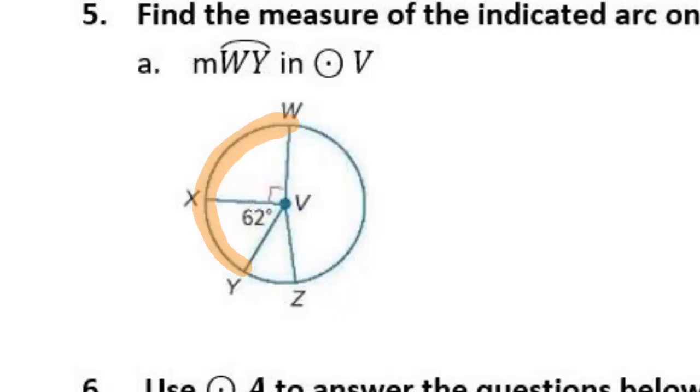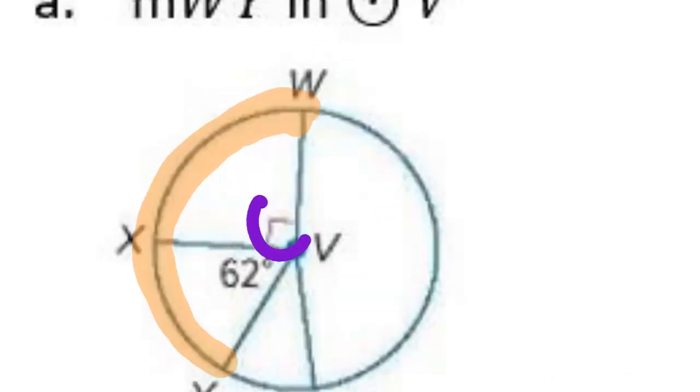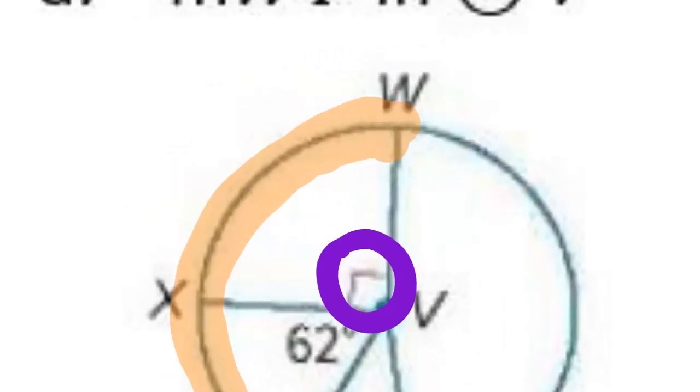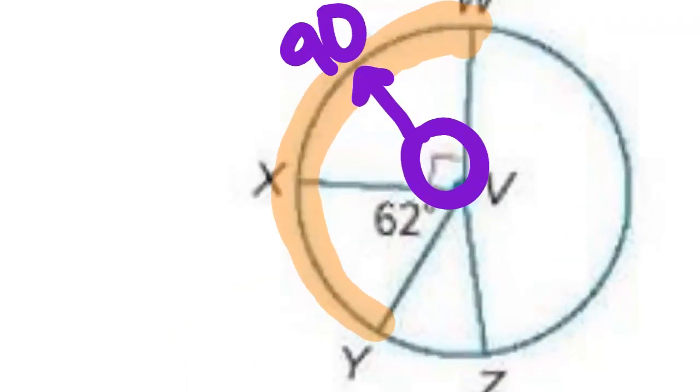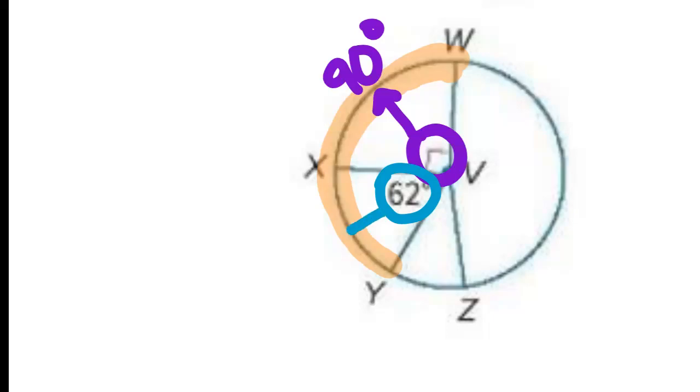Here's arc WY. How big is this angle? 90 degrees. So this arc right here would also be 90 degrees. How big is this angle? 62 degrees. So this piece of the arc from X to Y would be 62 degrees.